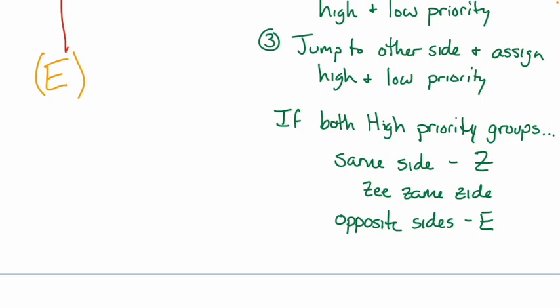All right, so if they're on opposite sides, it's E. If they are on Z same side, it is the Z stereochemistry. Cool. All right, so then let's just finish up by doing a few examples here. I'm going to put down some molecules. You're going to name them, including the proper stereochemistry.